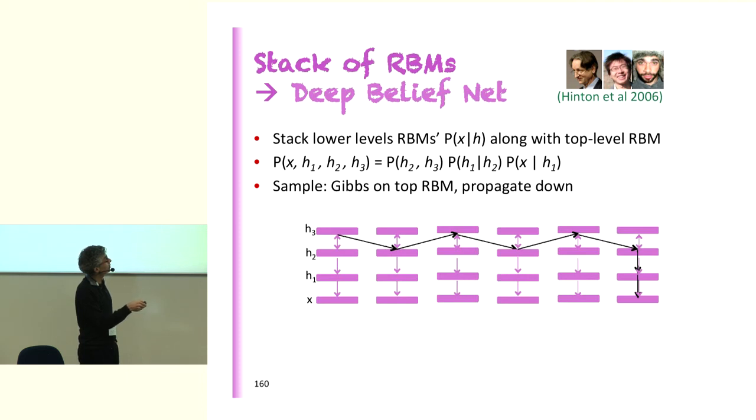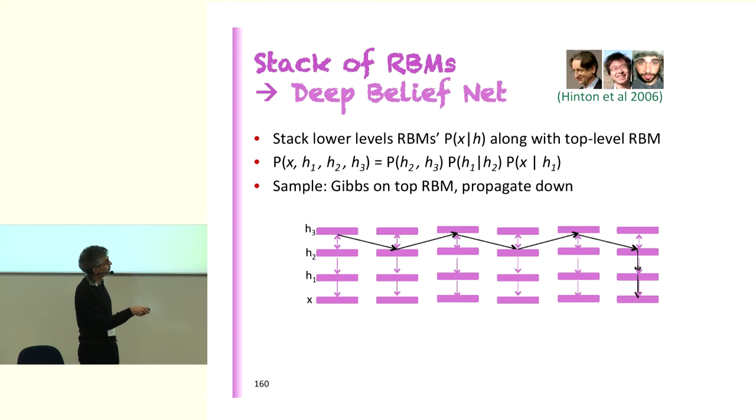We have an RBM between H2 and H3, so we can sample from it, say by Gibbs sampling, going up and down in this RBM. Then given H2, we're going to sample H1 using the weights of the second level RBM here. And then given H1, we can sample X given the first level RBM.